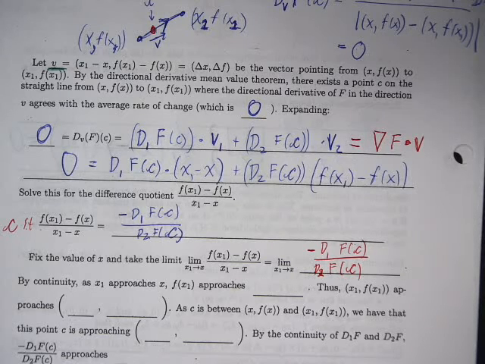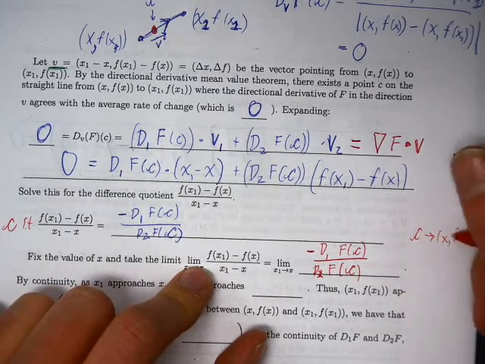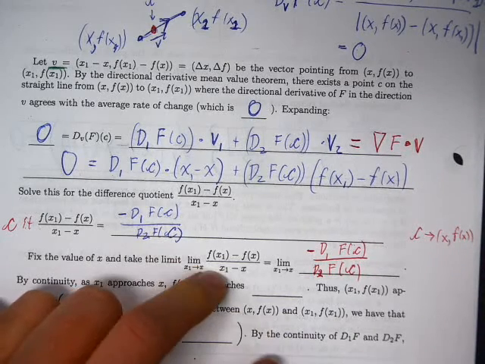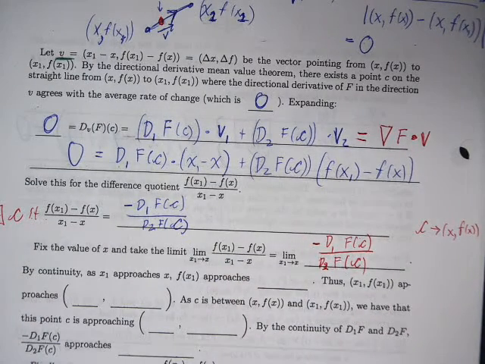C seems to be getting close to x comma f of x. We know that big F of x comma f of x is equal to 0.